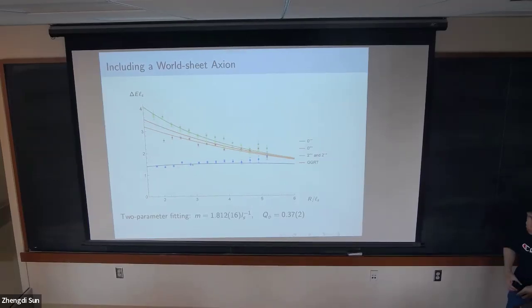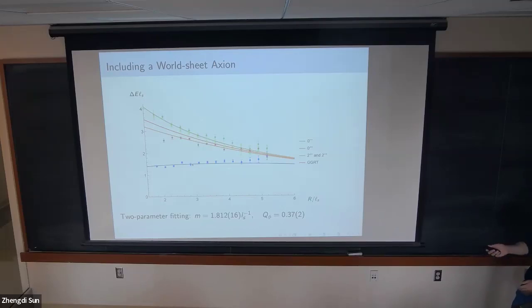So after introducing this phase shift and using TBA, we actually get much better predictions for all three channels, which is shown here in blue line, in orange line, and in green line. So this kind of indicates that we are on the right track.